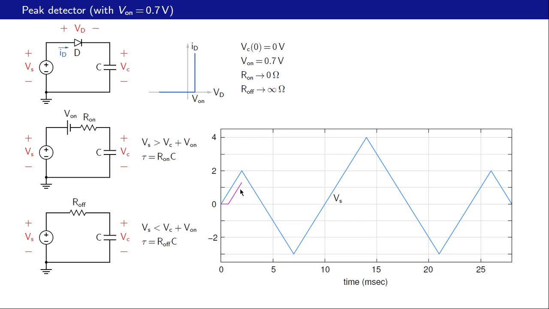What happens after this? After this, the input voltage starts decreasing, and the difference between this end and that end, which is Vd, becomes less than 0.7 volts, and therefore the capacitor voltage cannot change. We are now in this situation and it becomes constant.